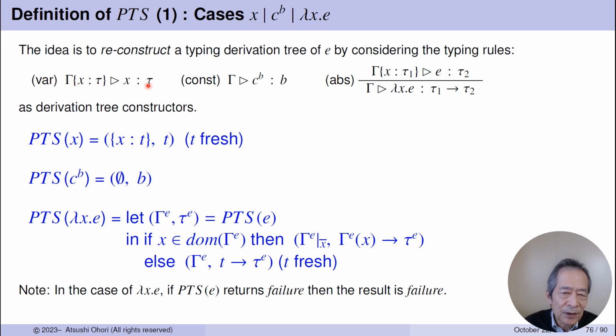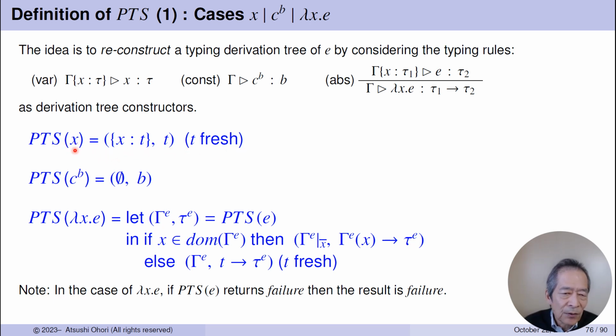Here, in order to do this, you need to use a fresh type variable T, that is, a type variable you never used before. So this is obviously a principal typing for x.